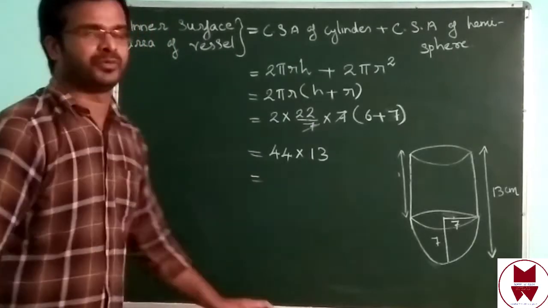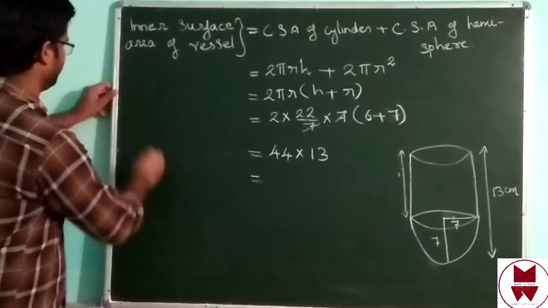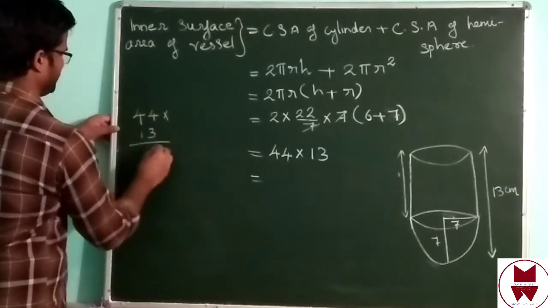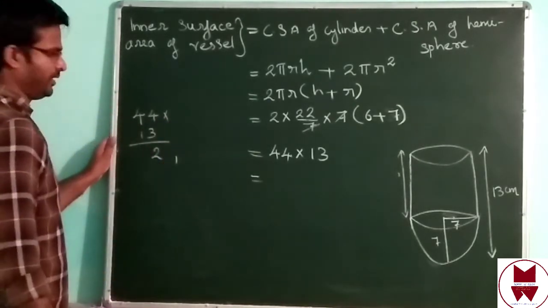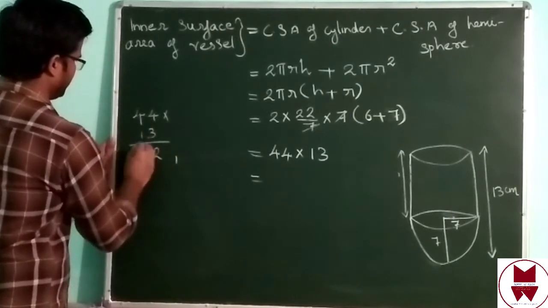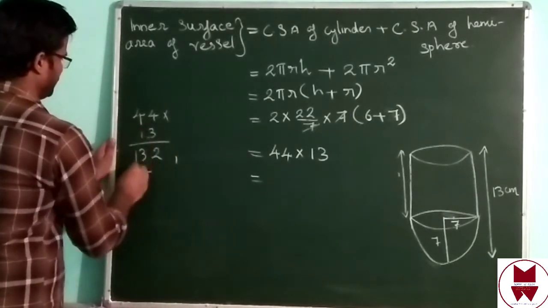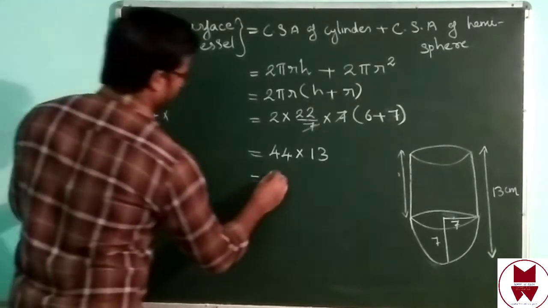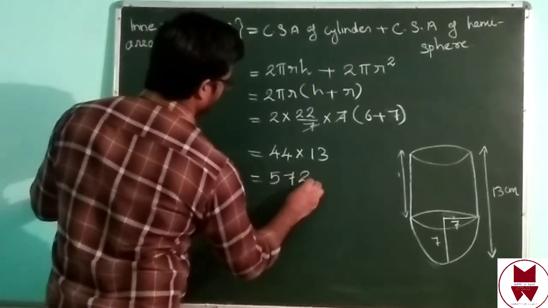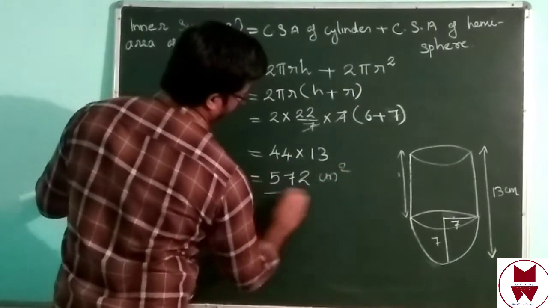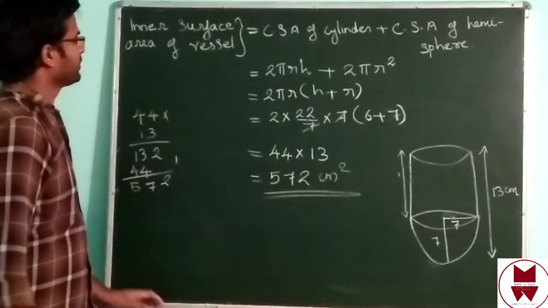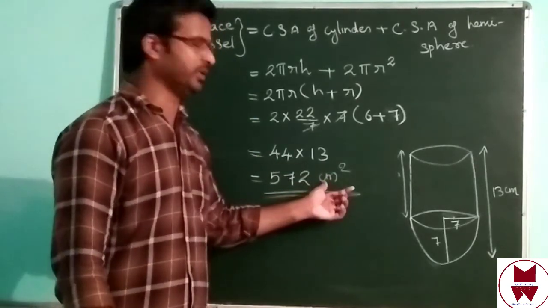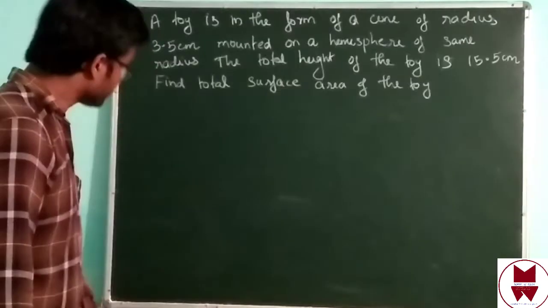Then multiply 44 into 13, that is 572 centimeter square. That is the inner surface area of the vessel. Here area is there, that's why I use unit centimeter square.